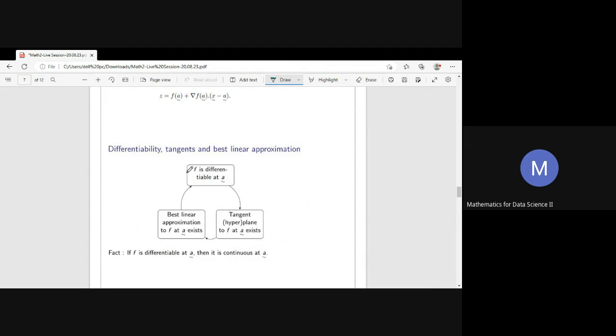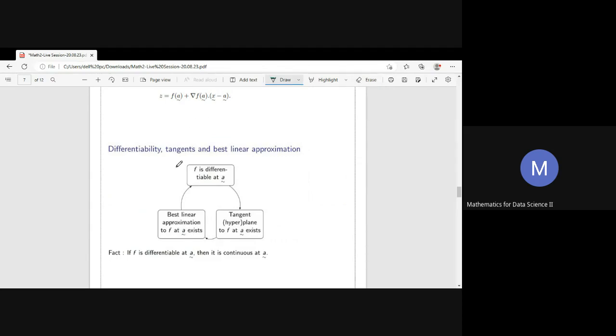The same relation which you saw in the case of one variable also exists here: if f is differentiable at a tilde, then the tangent hyperplane to f at a tilde exists, because this is the tangent hyperplane. The best linear approximation to f at a tilde also exists. We have seen that this same expression gives you the best linear approximation for f at a tilde.